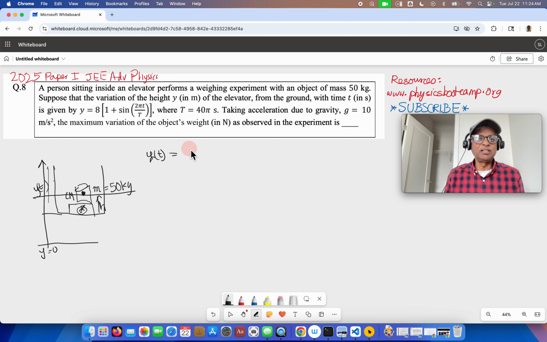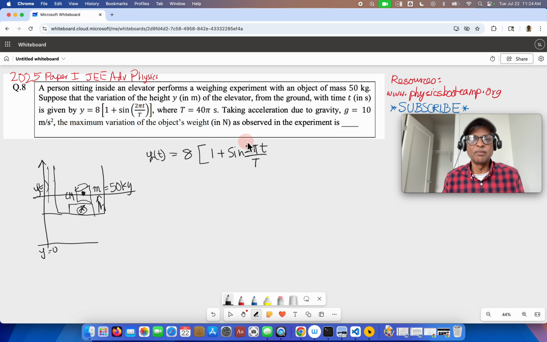That's where a little physics thing comes in, right? So this is 8 times 1 plus sine 2 pi t over T. So basically the elevator is going in a sinusoidal fashion with a period T. Okay, so like it's going up and down with this period T. And so what you will notice here is this guy changes value.